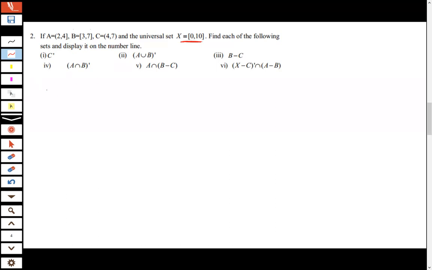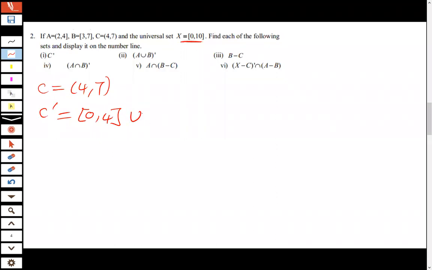So C complement. Our C is simply just (4,7). So our C complement will just be numbers that are outside C but present in the universal set. We have 0, then comma, ending at 4. So [0,4], since 4 is not part of C, it's going to be part of the complement.